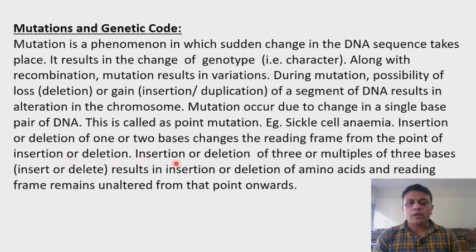Then insertion or deletion of 3 or multiples of 3 bases results in insertion or deletion of amino acids. You know that a genetic code codes for a particular amino acid. If a single genetic code, that is 3 nitrogen bases, is removed, then the entire genetic code is removed.